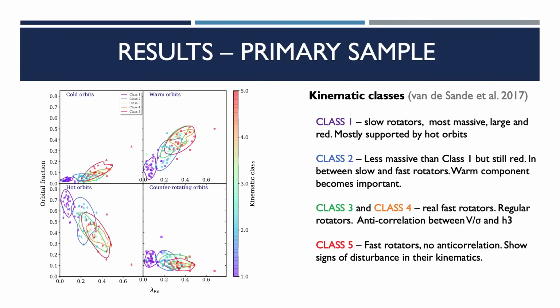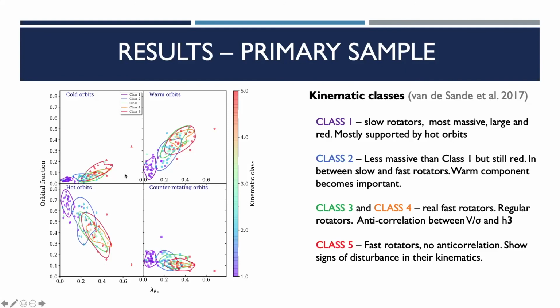But now if we have a look at the counter-rotating component for this galaxy class 5, the red dots, we do not really see a great contribution from the counter-rotating components. We do, however, see that the values for cold fraction are a little bit higher compared to the other ones, although the main contribution is still from warm orbits and hot orbits.